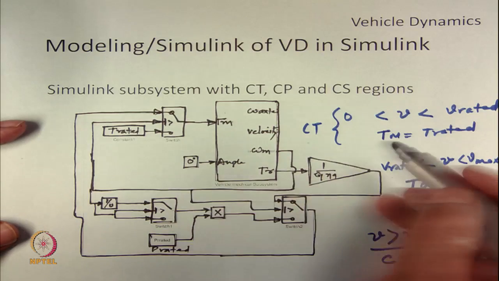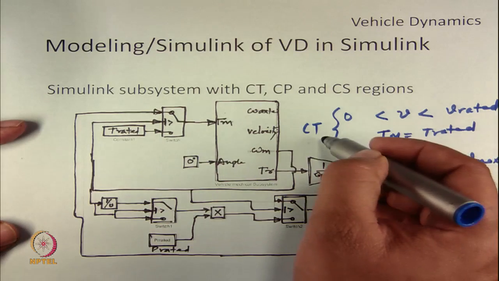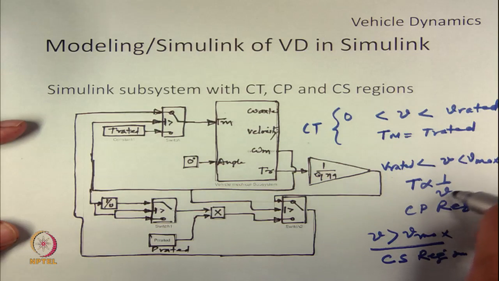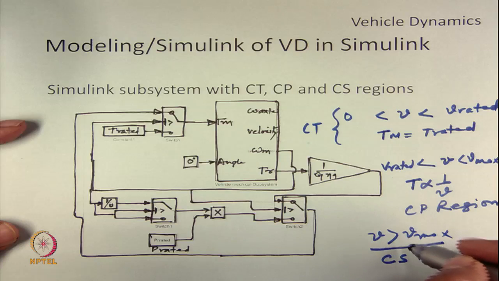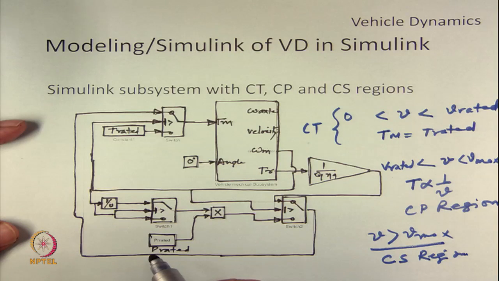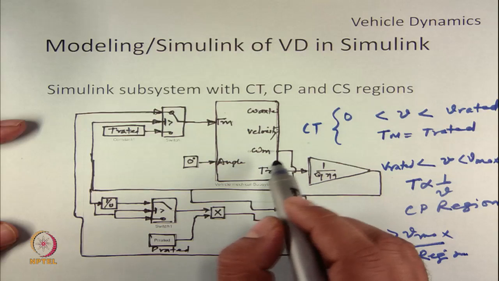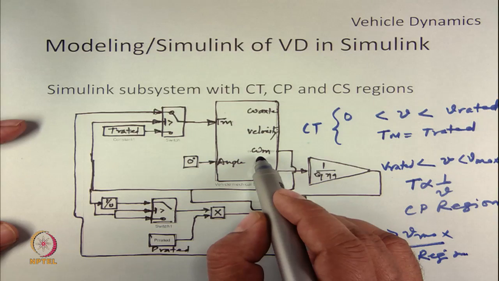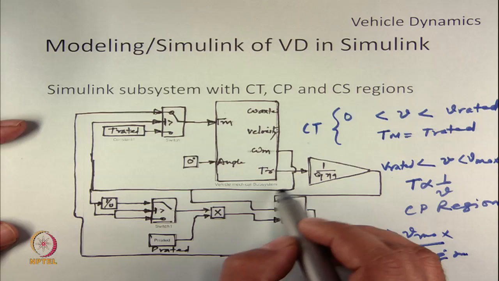So, we know that the motoring torque is T rated in constant torque region, it is 1 by V in the constant power region, and it is only equal to losses of the system when we are operating in constant speed region. So, this can be done using some kind of selection or comparison of speeds. So, let us take the angular velocity omega m for doing that comparison.